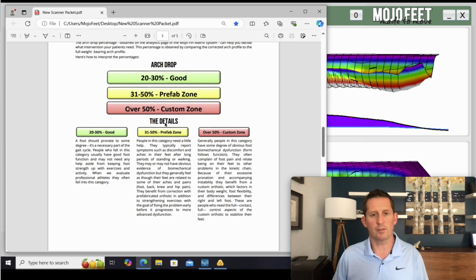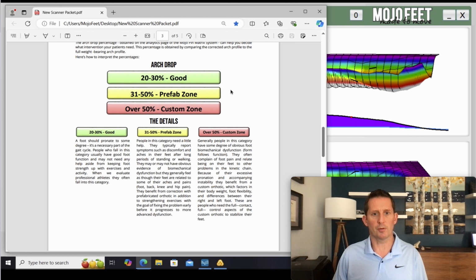When you have a patient that's over 50%, and this is like the example we're going through now, you've got somebody who probably already has foot problems. So some biomechanical problems related to an uncontrolled foot. So think of plantar fasciitis, maybe some metatarsalgia, bunions, those kind of things that can be related to a lack of control of the foot.